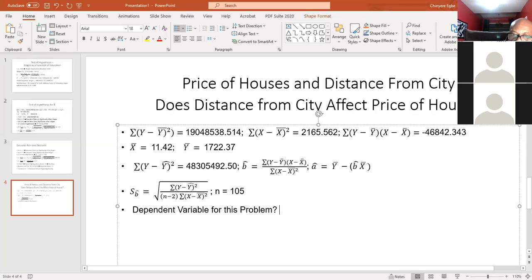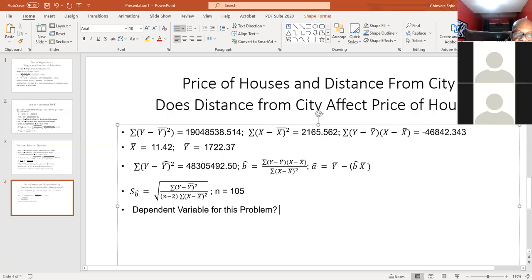Which is dependent on another one? I think distance depends on the price. Distance of a house depends on the price of the house. Oh no, I'm sorry. The price depends on the distance. That's correct, because if the house is in the city, the price is higher or something like that. The price is the dependent variable.